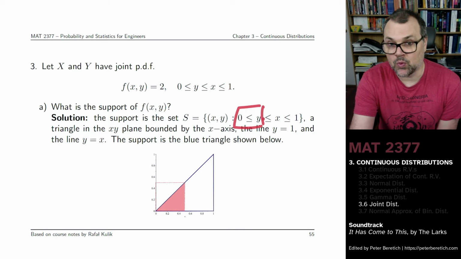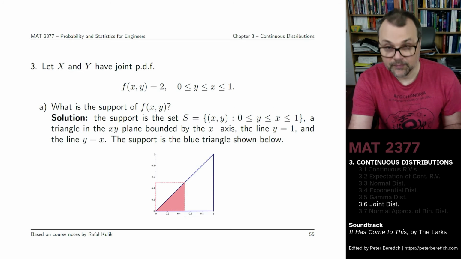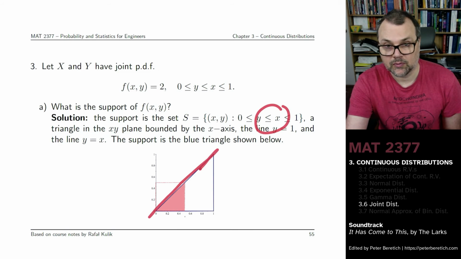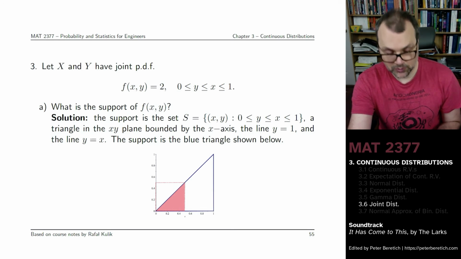There's going to be one limit to the region, which is given by y equals 0. Y equals 0 would be the x-axis. Then there's going to be one region which is given by the line y equals x. And then there's going to be a region given by the line x equals 1.